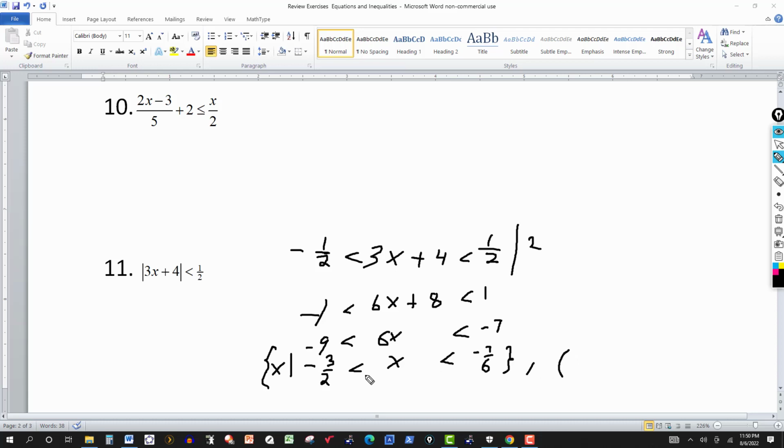If it's equals, it would be brackets, but it's open here, so it's going to be -3/2, comma, -7/6. This is interval notation. This is your set builder notation.